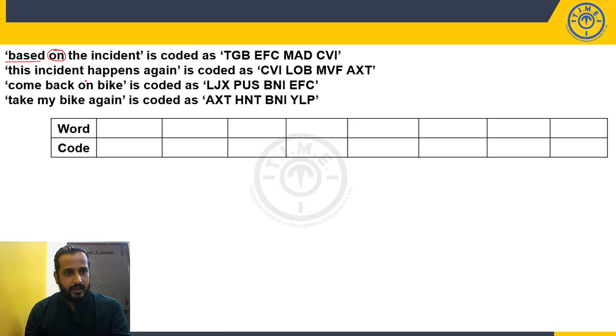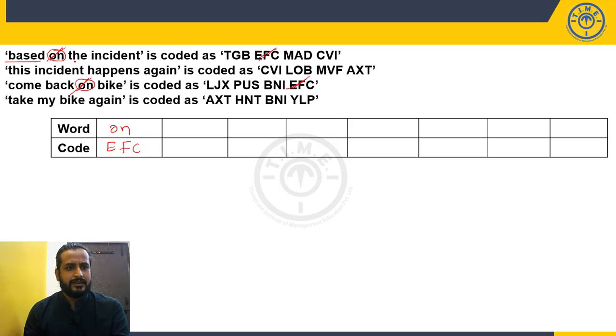In statement 1 and statement 2 we have only one common word, that is on. So what is the only common code in these two statements? EFC. So we can decide the code for on is EFC. In the first and third statements we have only one common word, that is on, and the only common code we have is EFC. So the code for on is EFC.